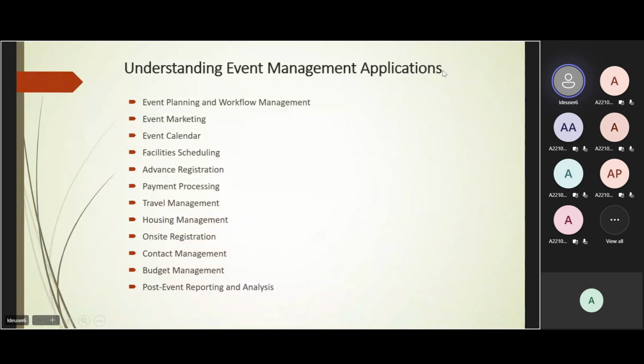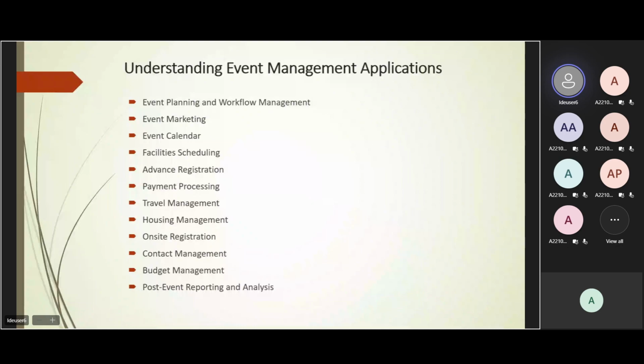Okay, first, planning for an event is the first step. First, we need to plan, and the workflow has to be planned. And second, if you are going to conduct an event, we have to do marketing. Then only will all the people get to know. Okay, and then even a calendar should be created. We have to create the facilities, like people have to come and stay.